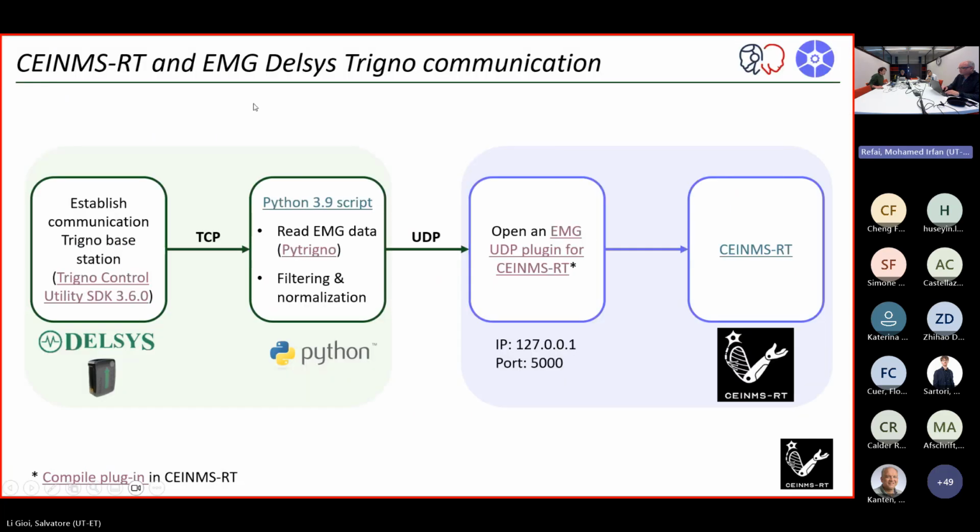This plugin has the aim to create a UDP socket that allows CEINMS to receive EMG data. And when we have EMG data, CEINMS is able to estimate our biomechanical parameters.